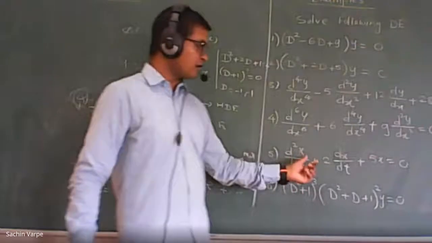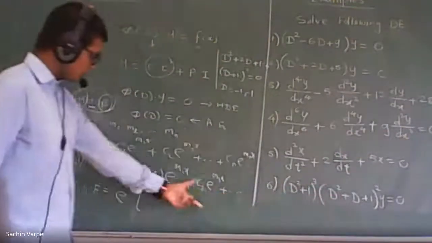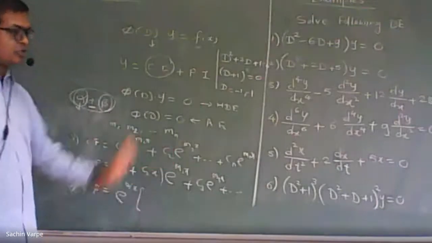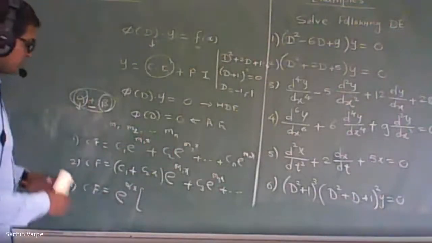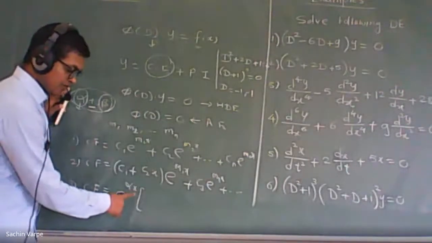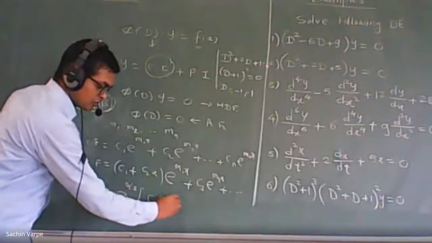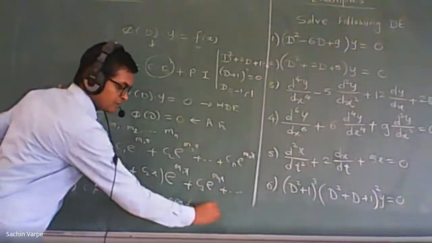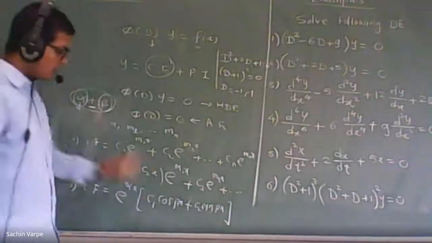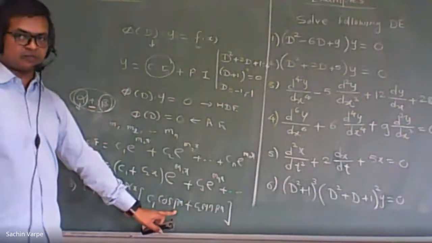These formulas depend on the independent variable in the differential equation. So the complementary function is e to the power alpha x into (c1 cos beta x plus c2 sine beta x). Remember, we don't have to consider i here, only beta, the imaginary part.